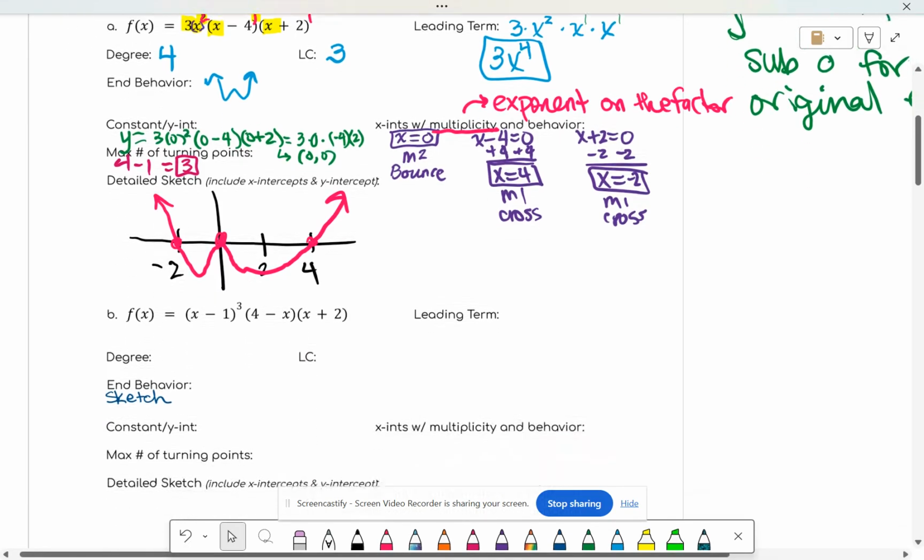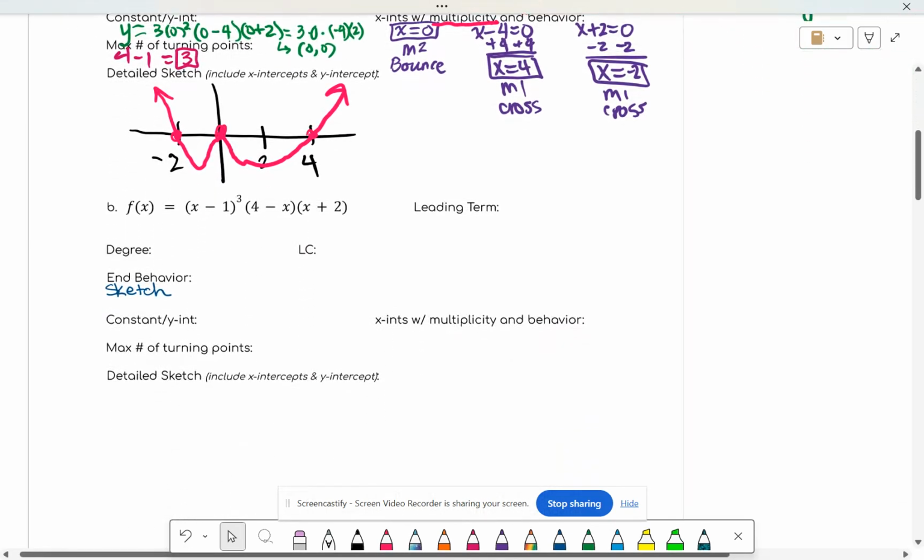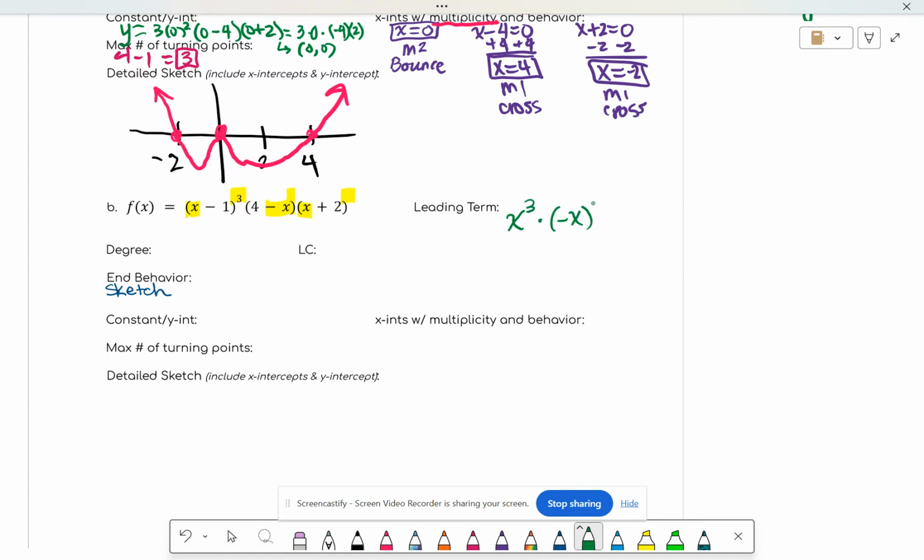All right, so for part B, for my leading term, again, I'm going to take the part with the x and raise it to the exponent. Here, my parts with the x are the negative x and then the positive x, and there are no exponents, so that would just be to the first power. So it's x to the third times negative x to the first times x to the first.